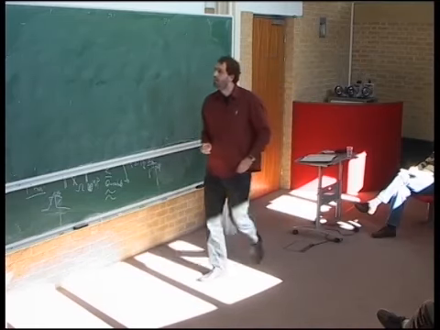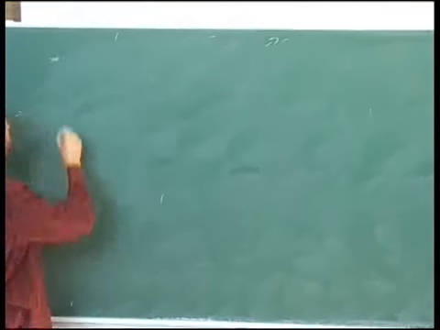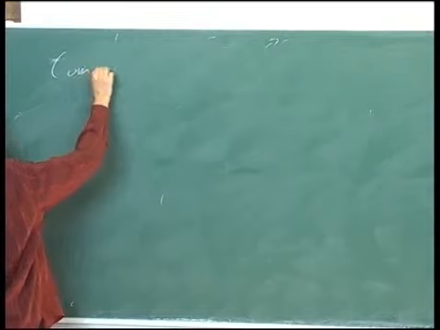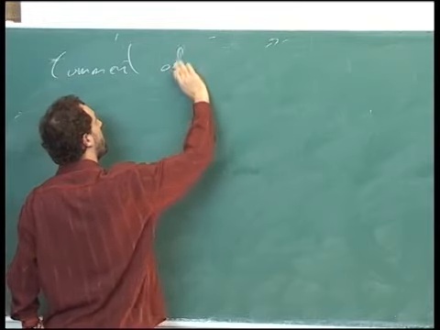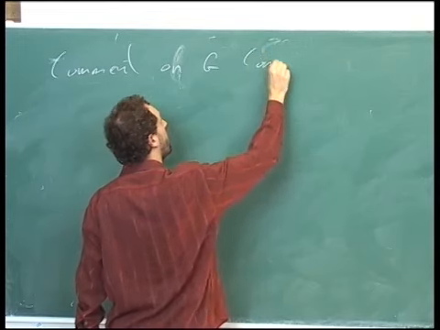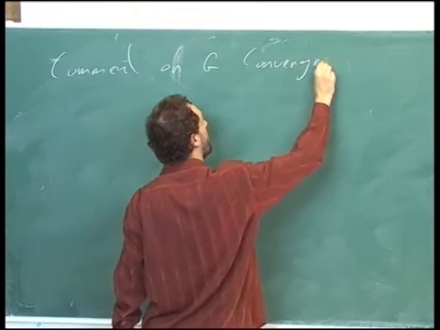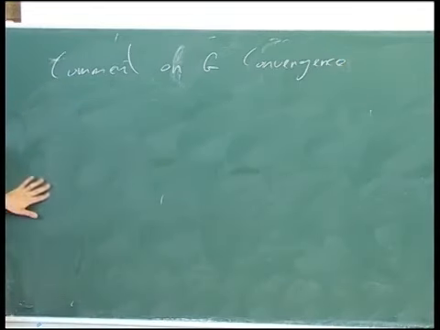Okay. So for the comment on the convergence, we follow the strategy of Sandrine and Habib. Up to some point we have to do something different.